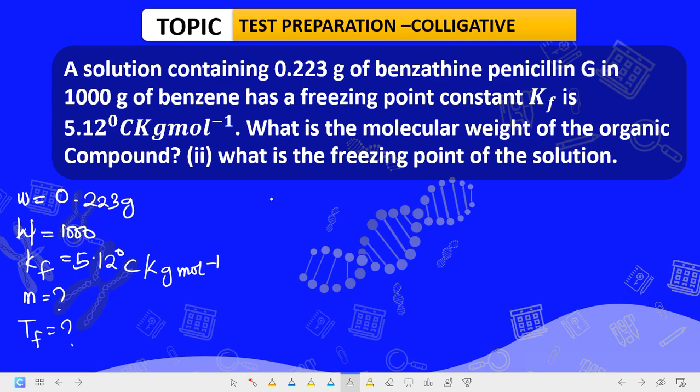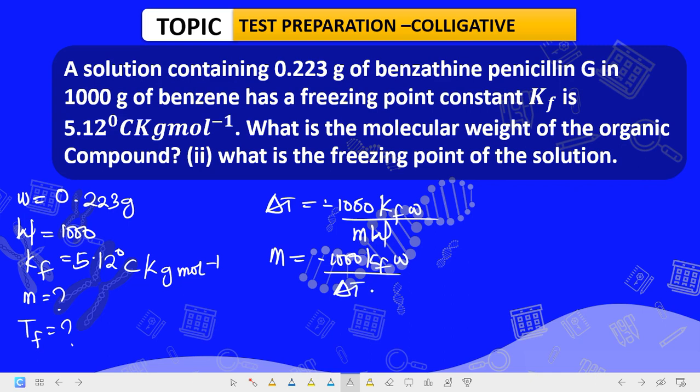Now the formula for freezing point depression is change in T is minus 1000 Kf W all over M, then big W. Now if we are looking for M, it becomes minus 1000 Kf, W all over change in T, then big W.